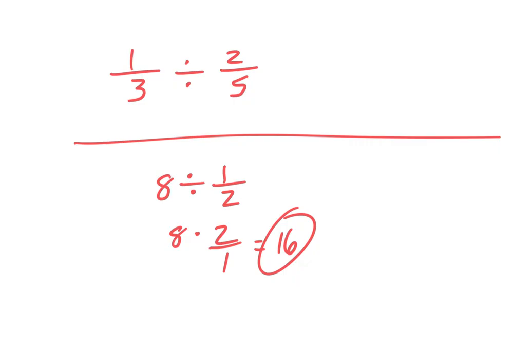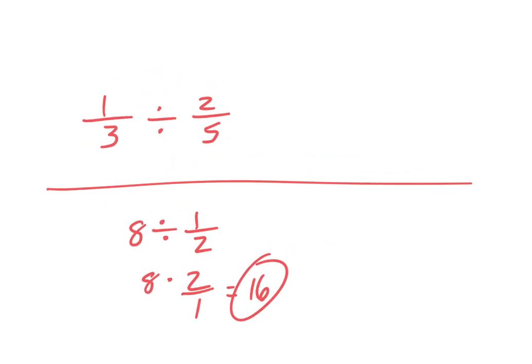The rule here that we use is keep, change, flip. You guys remember that one? Maybe been a while since you've heard that. Okay, here's what keep, change, flip means. Anytime you divide by a fraction, you can always use keep, change, flip.